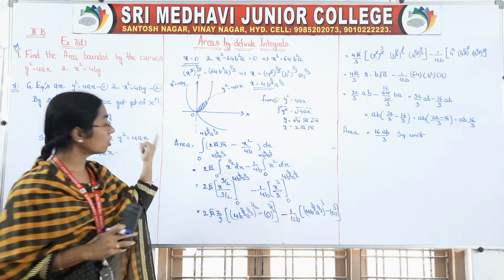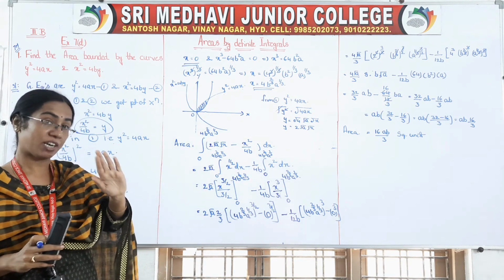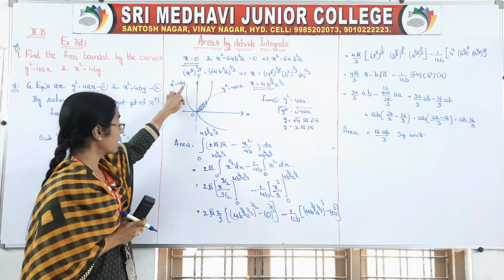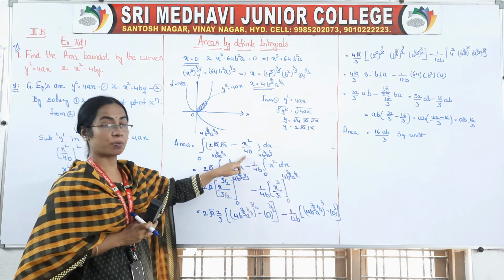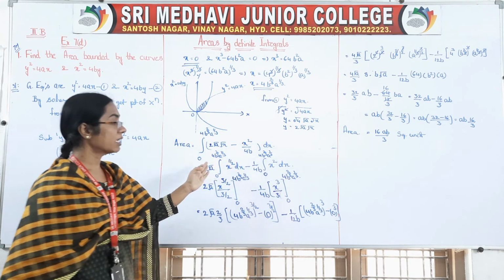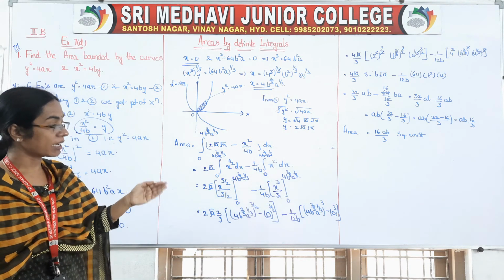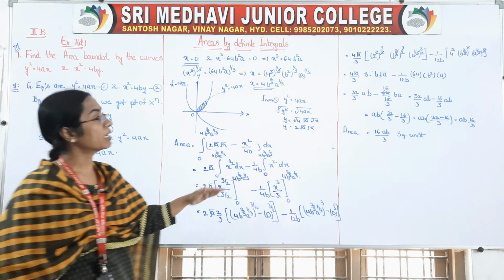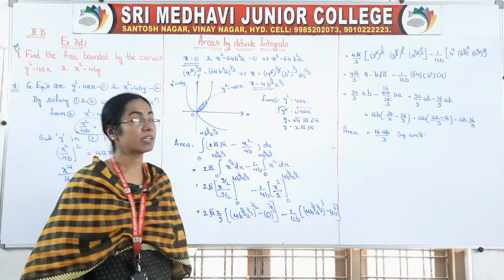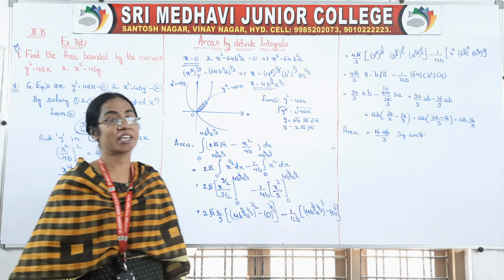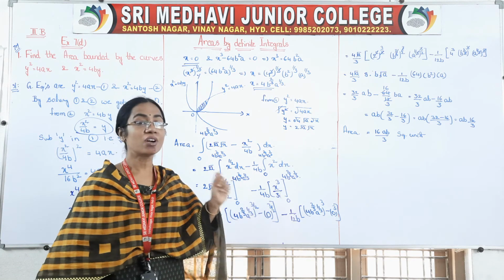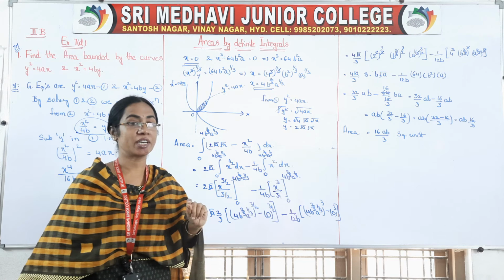For that also we have to take the y value only. So y is equal to, sending 4b to this side, x square by 4b. Then you integrate it, and wherever x is there, you substitute upper limit minus lower limit. Finally, you will get your area in terms of square units. After getting the value, you have to write square units.